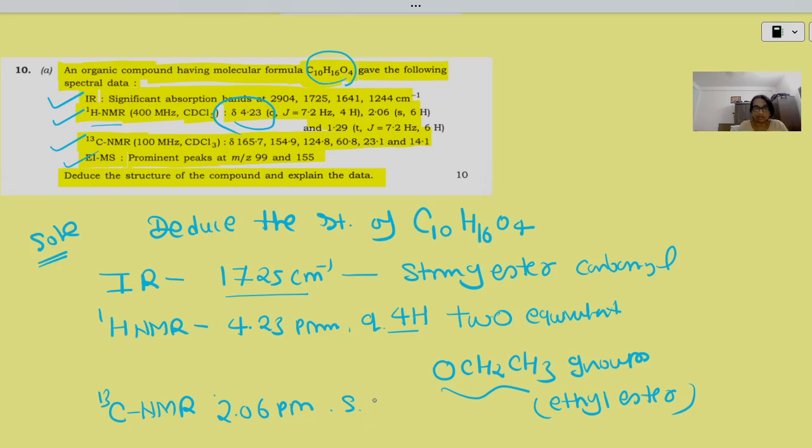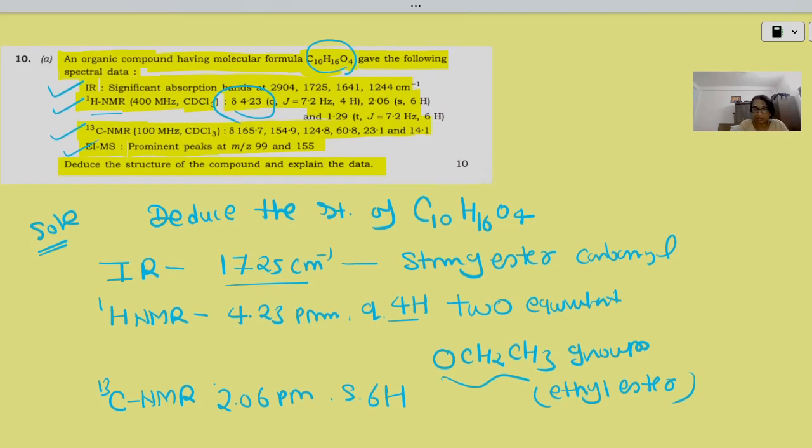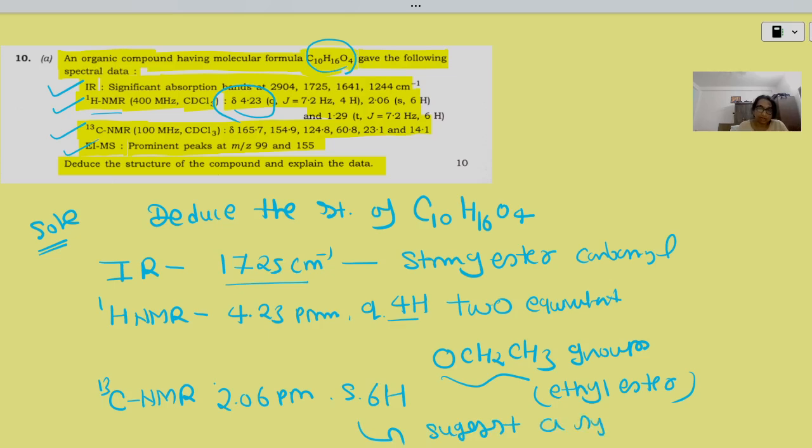This data suggests a symmetric structure with methyl groups.